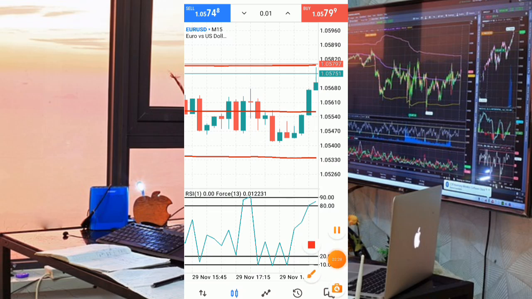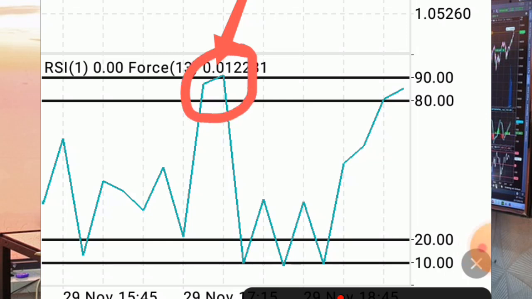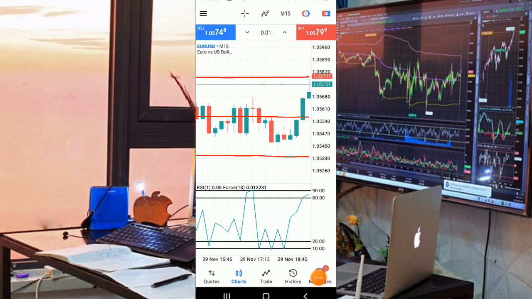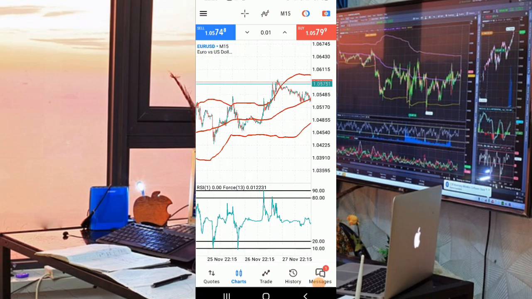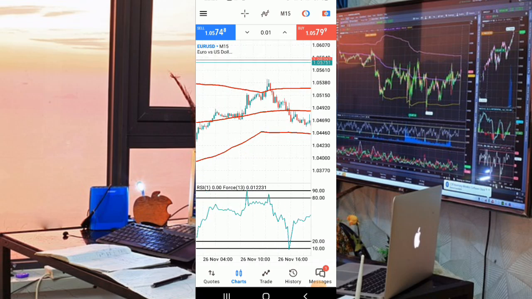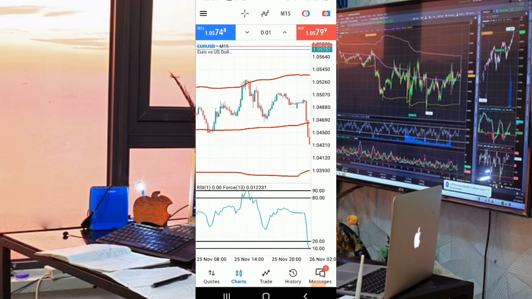Whenever on the force index you find this sign, it is a sign of price being stagnant or ranging. If you keep seeing things like that on the force, it means price was ranging at that point. So what we want are things like this, which are certain.